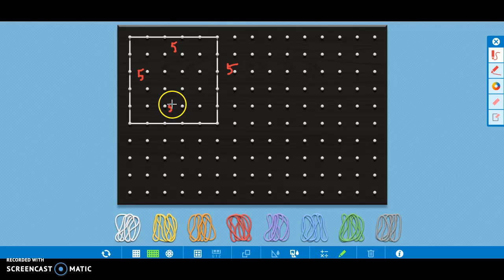So, one of the questions it had is we need to find the area. So if you remember, the formula for our area is our side length squared.